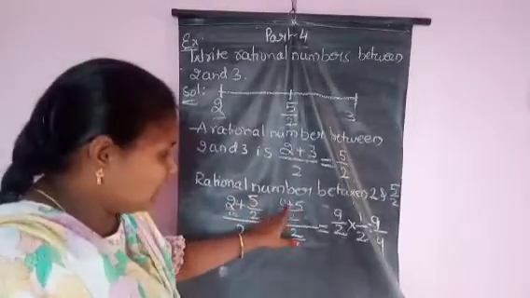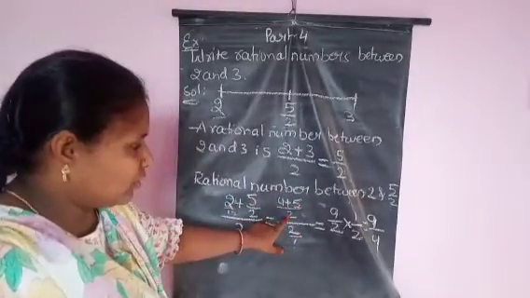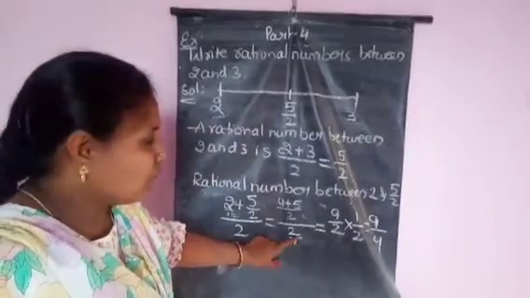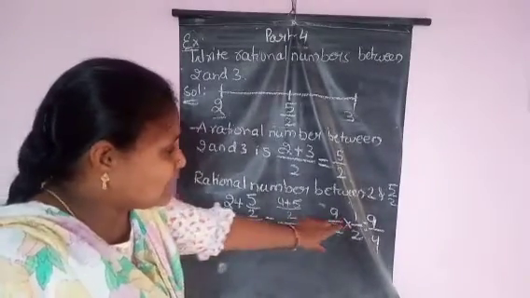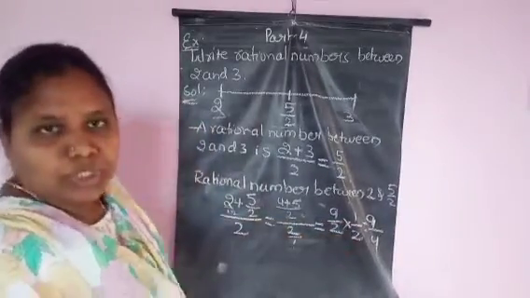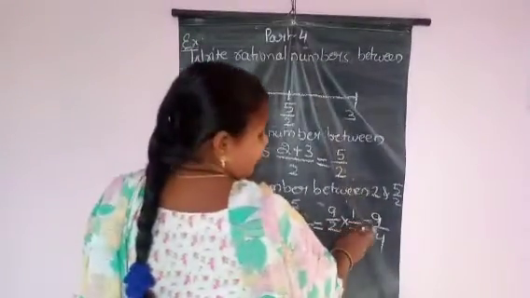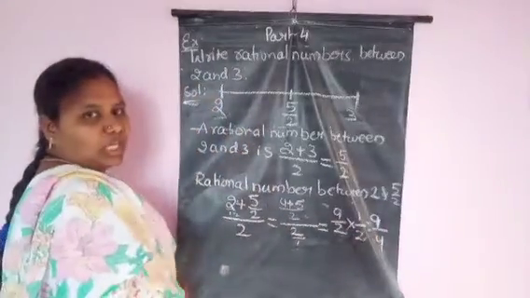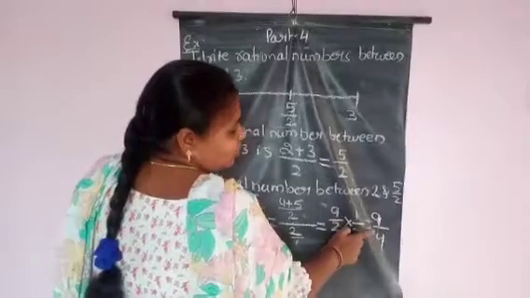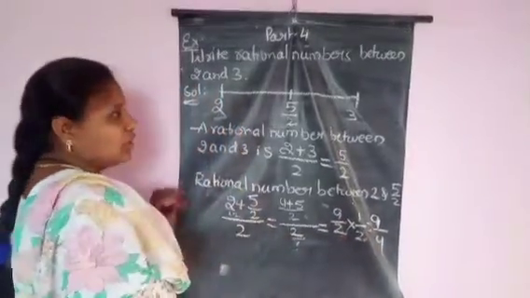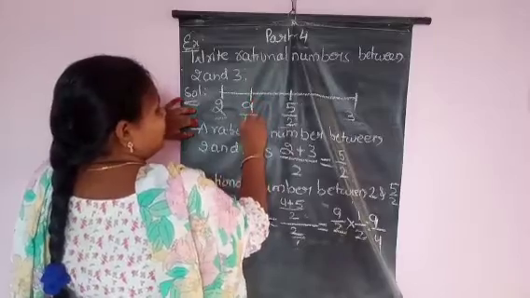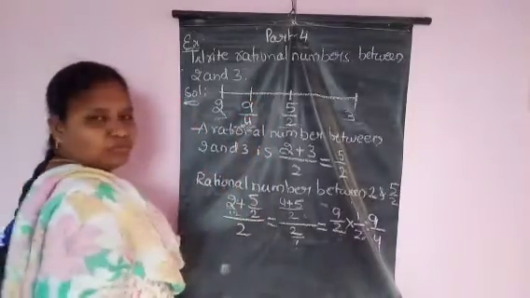Addition of these two is 9, so it is 9 by 2, and this is 2 by 1. Let us write this division as multiplication, writing 2 by 1 as 1 by 2. So 9 by 2 into 1 by 2 is equal to 9 by 4. So the rational number between these two numbers is 9 by 4.